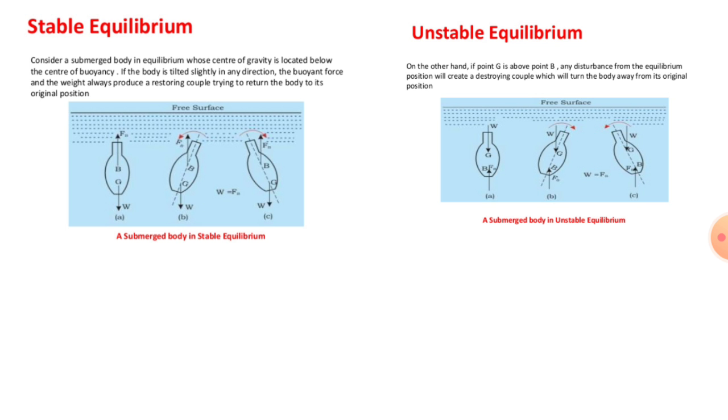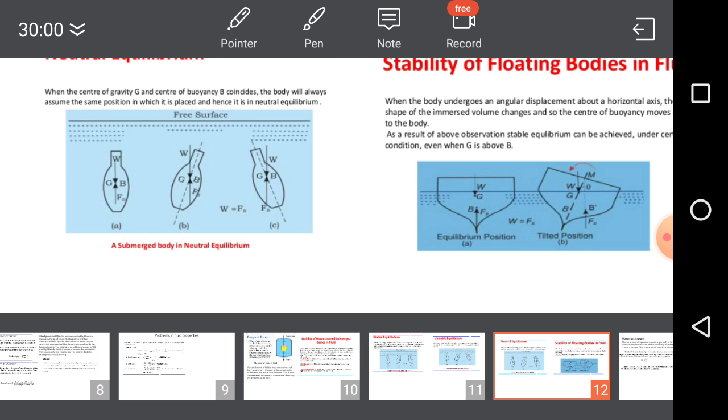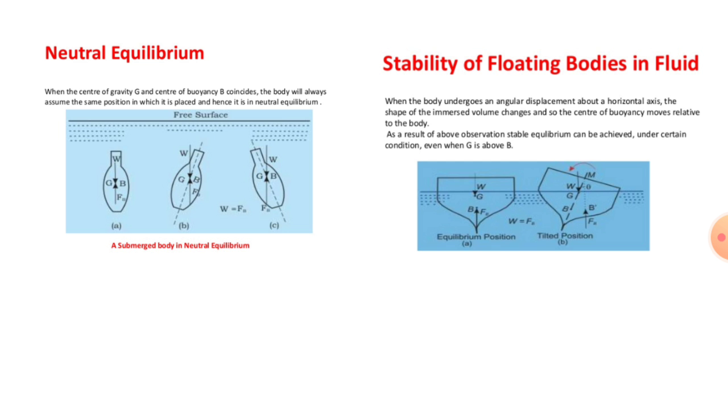On the other hand, if point G is above point B, any disturbance from the equilibrium position will create a destroying couple which will turn the body away from its original position. Neutral equilibrium. When the center of gravity G and the center of buoyancy B coincide, the body will always assume the same position in which it is placed and hence it is in neutral equilibrium.